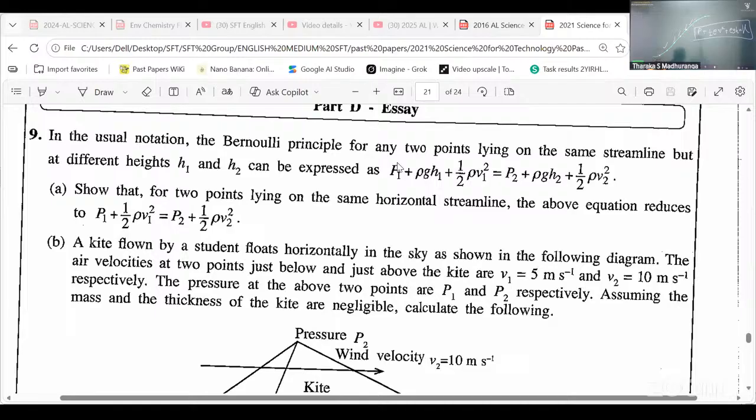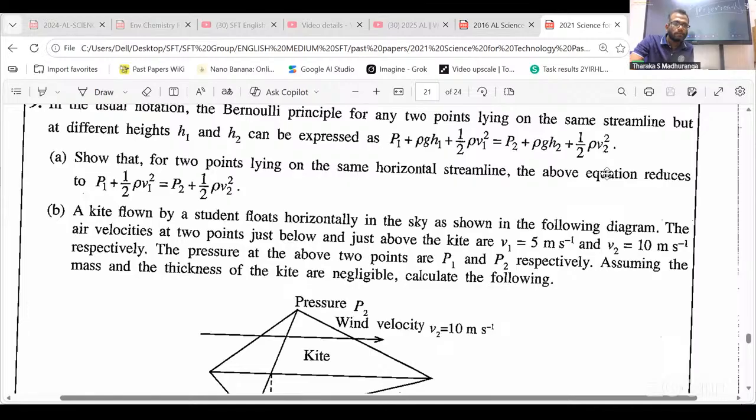The Bernoulli equation is given. Show that for 2 points lying on the same horizontal streamline, the above equation reduces to the simpler form.